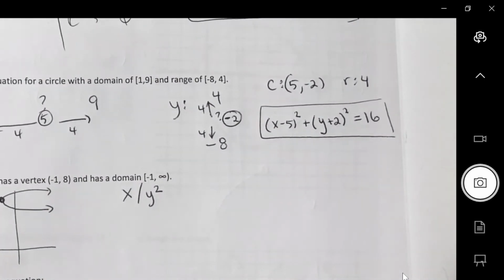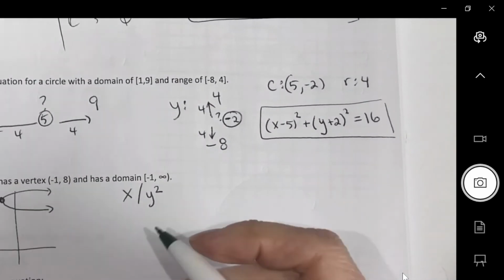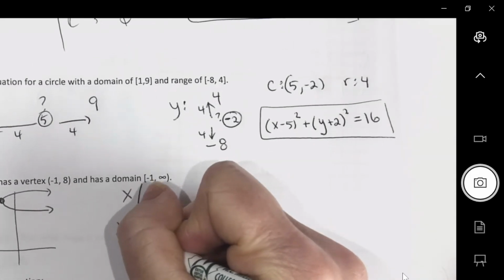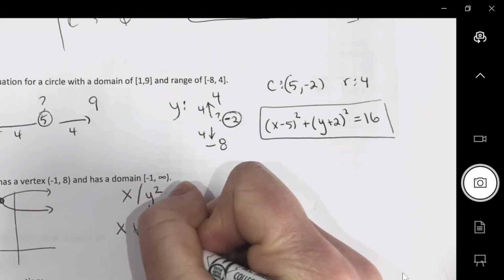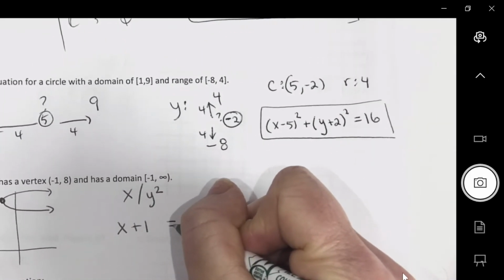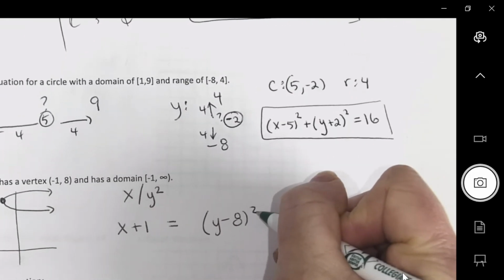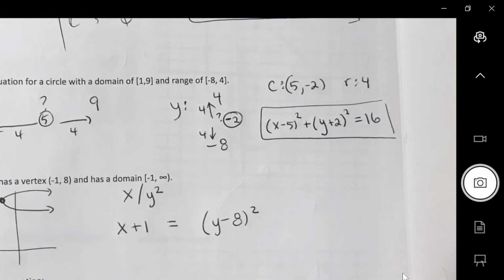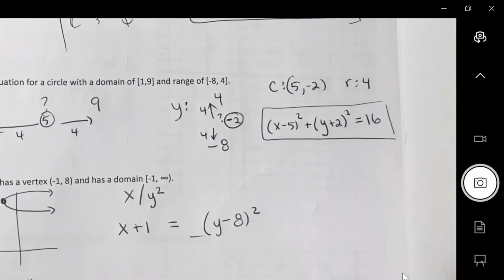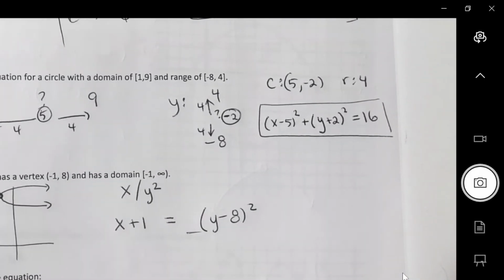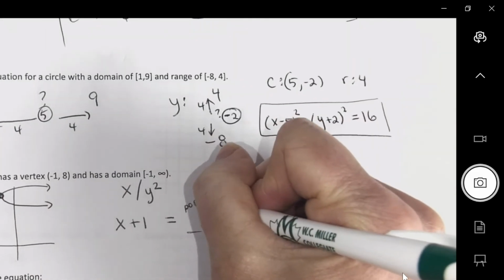We're going to need this component, right? So I'm going to go x plus 1 equals y minus 8 squared. And this is for sure facing right. So what do I know about this position right here? Has to be positive.